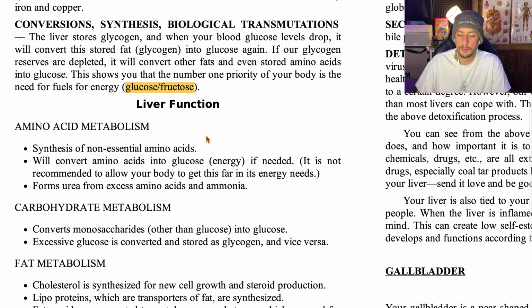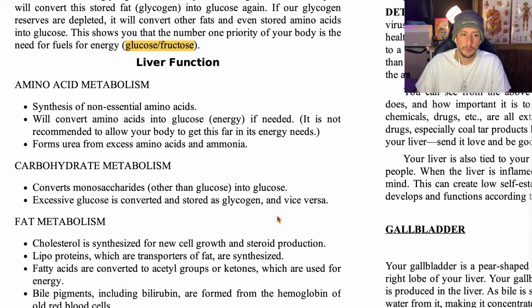So let's continue. Liver function, amino acid metabolism. This is the synthesis of non-essential amino acids. This will convert amino acids into glucose if needed. It is not recommended to allow your body to get this far in its energy needs. This forms urea from excessive amino acids and ammonia. You'll see that in your pee and stuff like that.